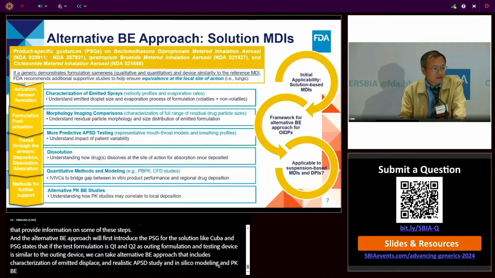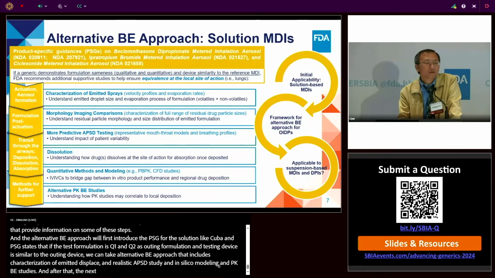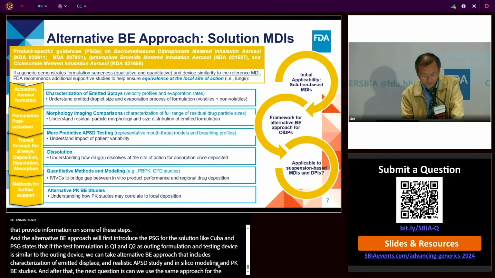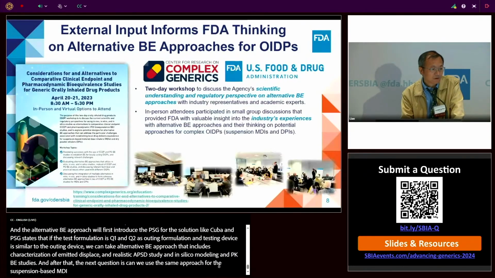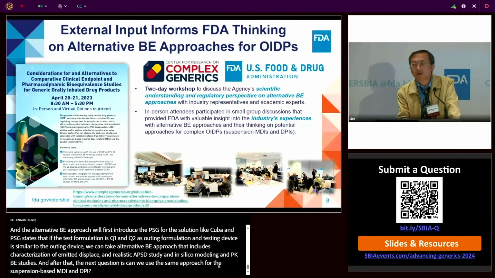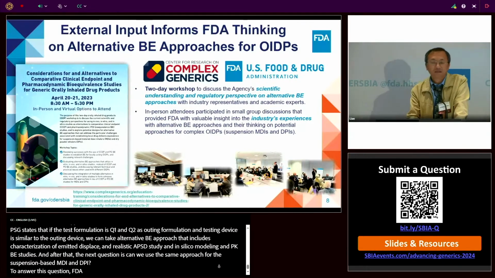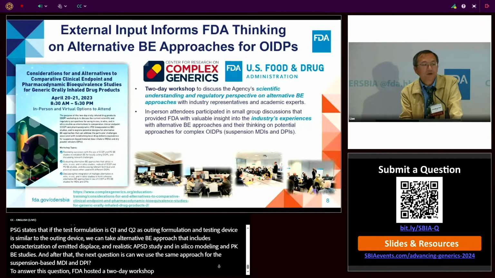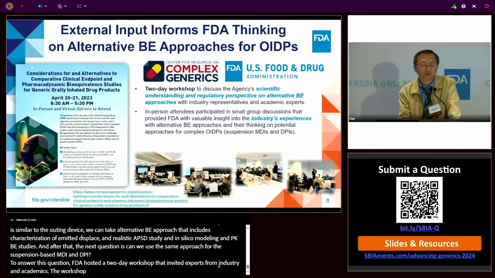And after that, the next question is, can we use the same approach for the suspension-based MDIs and DPIs? To answer this question, FDA hosted a 2-day workshop, inviting experts from industry and academia. The workshop consisted of the large conference and the small group discussions.